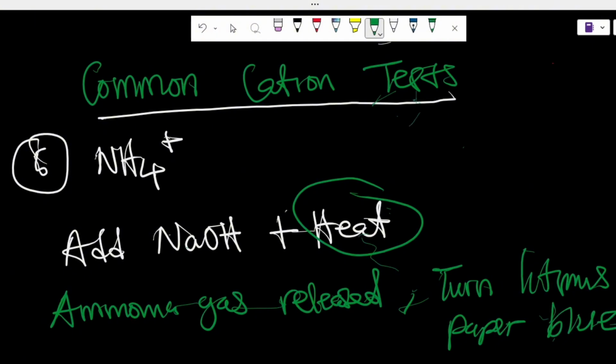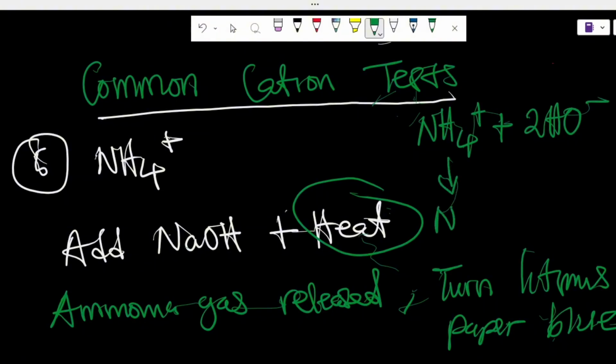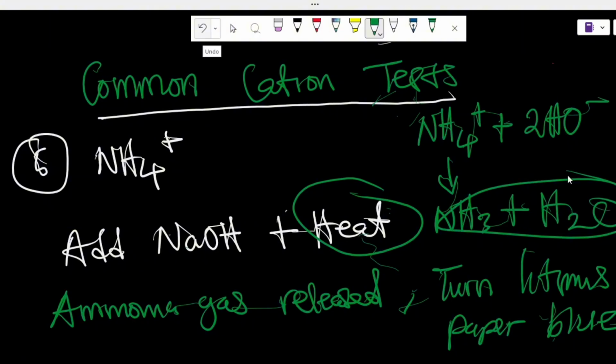And the reason why you have ammonia in this case is because when ammonium ions react with hydroxide ions, you're going to have ammonia plus water itself. So this is what you're going to have. And so this is how you test for ammonium cations.